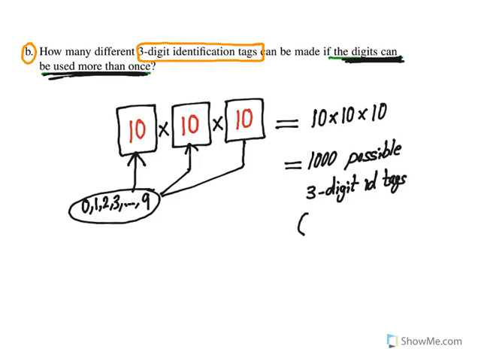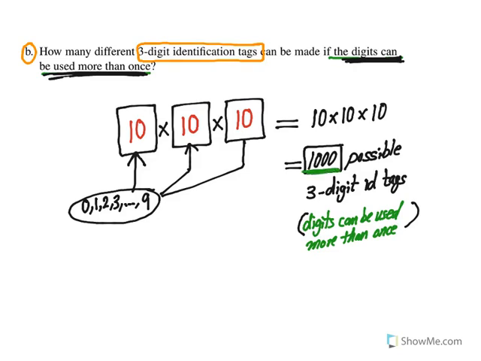And between parentheses, I would just remind you that digits can be used more than once. And that's why we got 1,000.